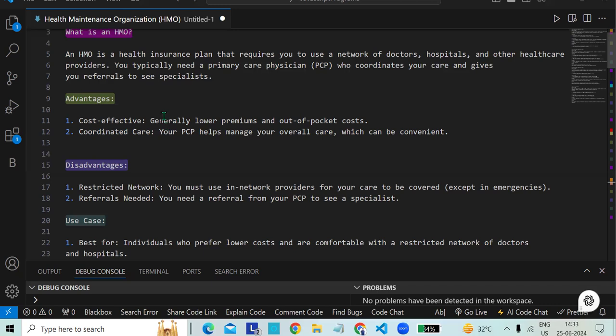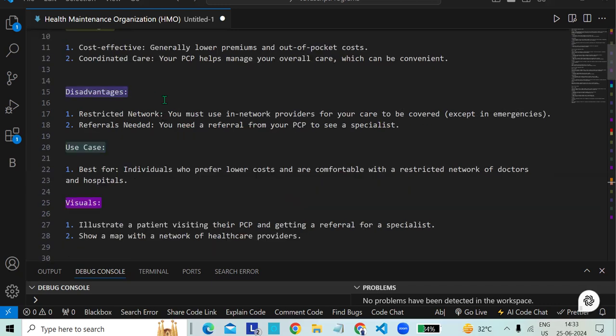So these are the advantages, and now the disadvantages. Restricted network: you must use in-network providers for your care to be covered. For example, when you take the HMO plan, they will give you the list of in-network providers, which means the doctors who have a contract with the insurance company. Only those doctors you can meet; there is no need to meet the rest of the doctors.